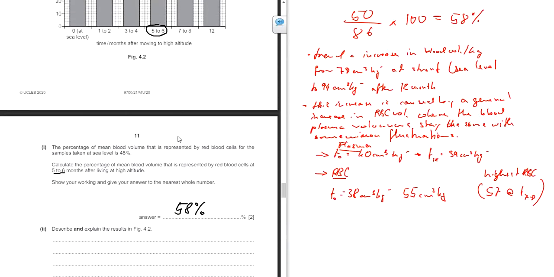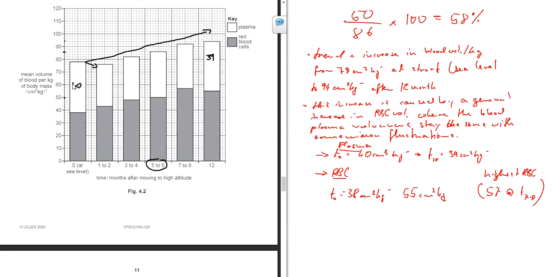We could do that same calculation for the data at sea level and after 12 months or 7 to 8 months to support our statement that we made here with the actual percentages.